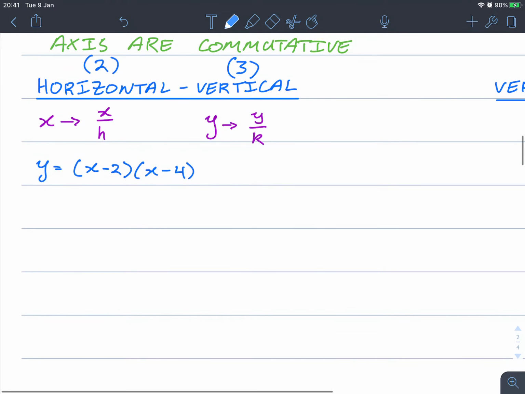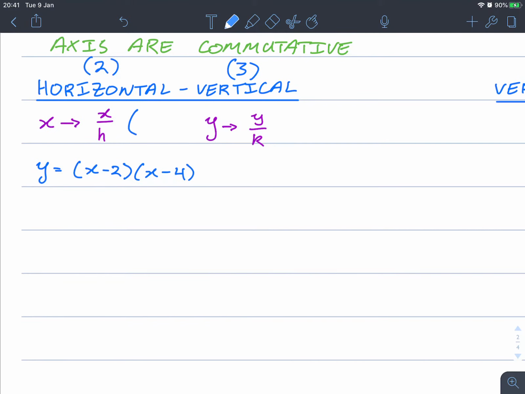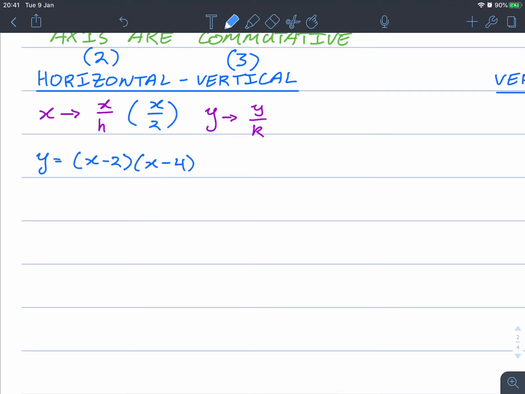So let's do the horizontal dilation first. Let's replace everything with x over 2. This will give us y is equal to (x over 2 minus 2)(x over 2 minus 4).